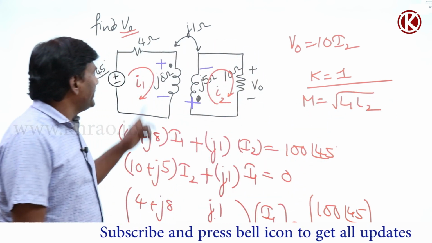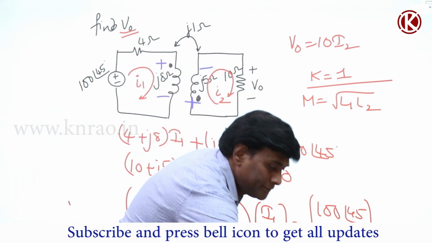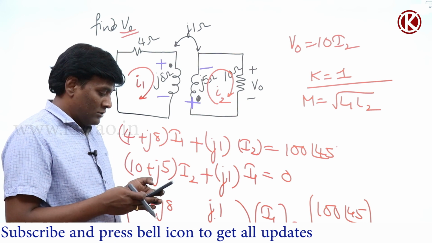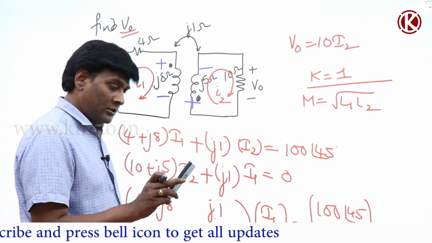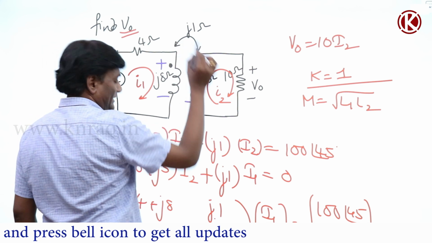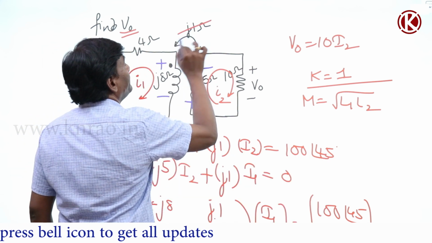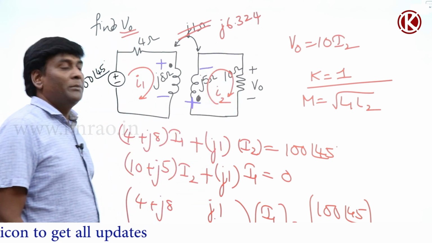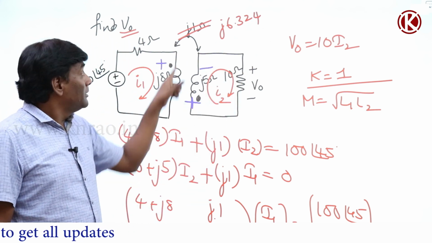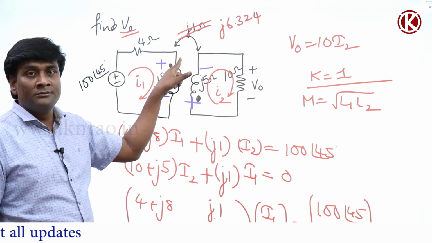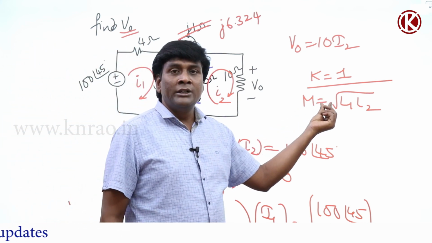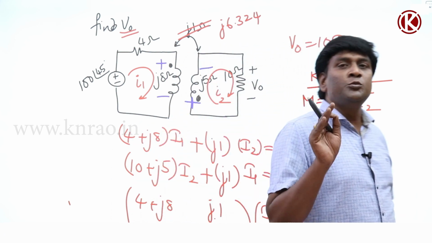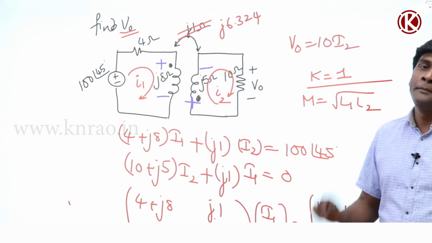So 8 into 5, square root, is 6.324. If it is J 6.324, then only it will become an ideal transformer. But it is J1 only, much less than that. In the sense, the k value is going to be less than 1. It is not an ideal transformer. It is mutually coupled inductors only.